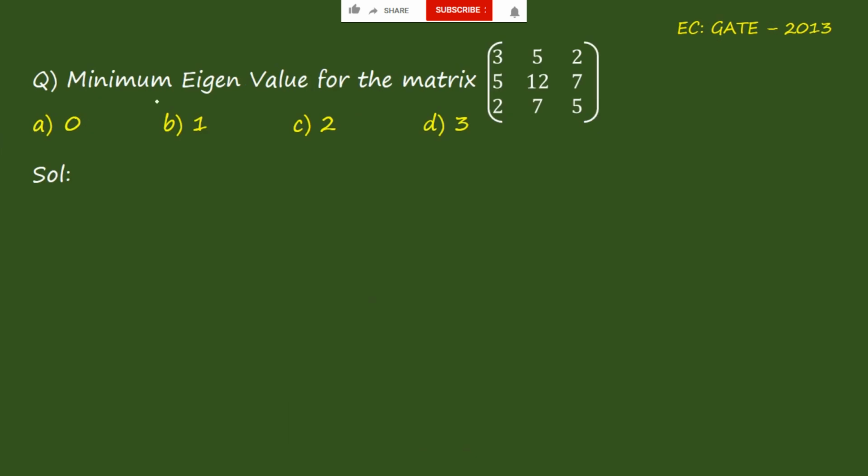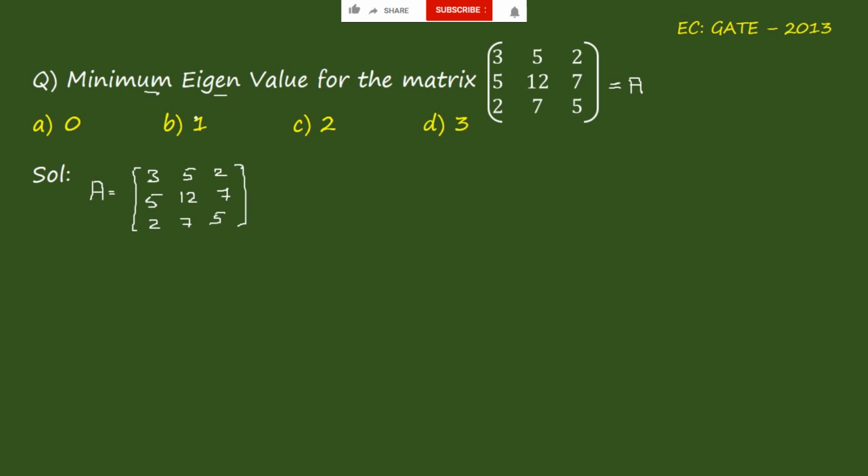Now coming to the next question. The question is about the minimum eigenvalue of a matrix. If you consider this as an A matrix, the A matrix is given as 3, 5, 2; 5, 12, 7; and 2, 7, 5.